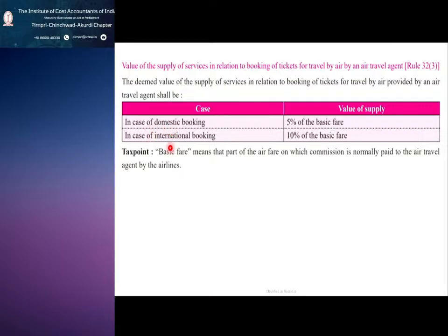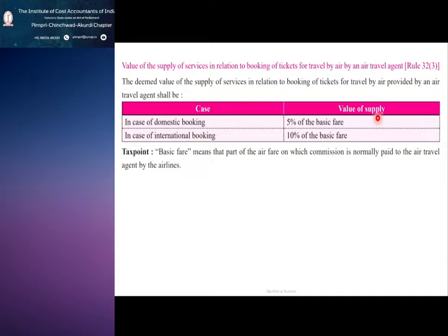For every flight ticket booking, you have multiple travel agents. So if tomorrow you are going to own any agency services, how will you calculate your taxable value of supply? In that case, there are two, just as we have seen for foreign currency. In case of domestic booking, and in case of international booking.